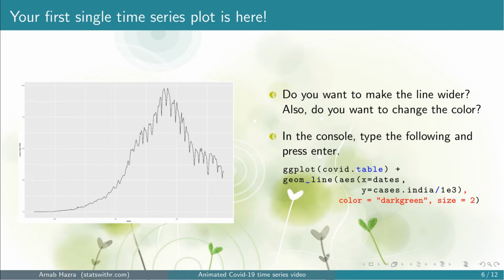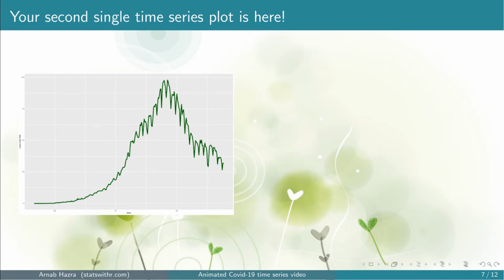Also, to make the line wider, add size equals 2 outside aesthetics similar to color. If you want some different width, choose accordingly. Now press enter. Okay, you get your second time series plot. You can see that the line is wider and the color is dark green.